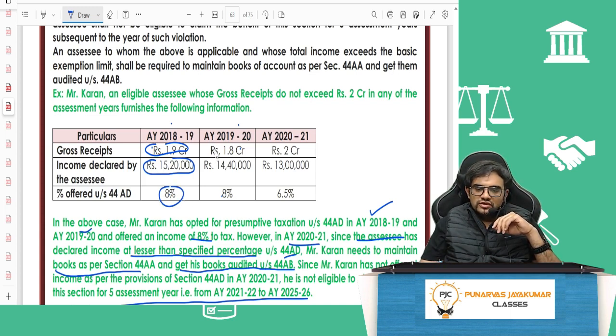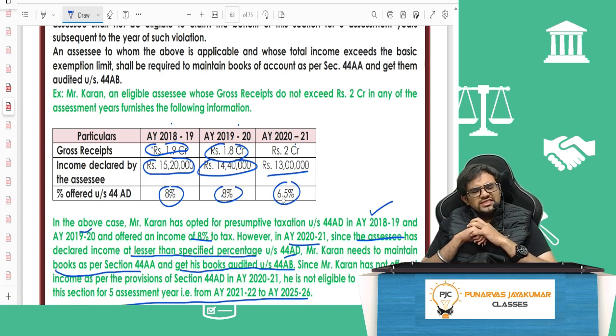If the gross receipts are 1.8 crore and income declared by the SSE is 14,40,000, then that is also coming up to 8%, right? Then if it is 2 crore and he's offering 13 lakhs, then he's offering less here, 6.5%. It is less than 8%. So what I should do here, I should maintain the books of accounts. If I don't maintain the books of accounts, etc., then it will be a problem.